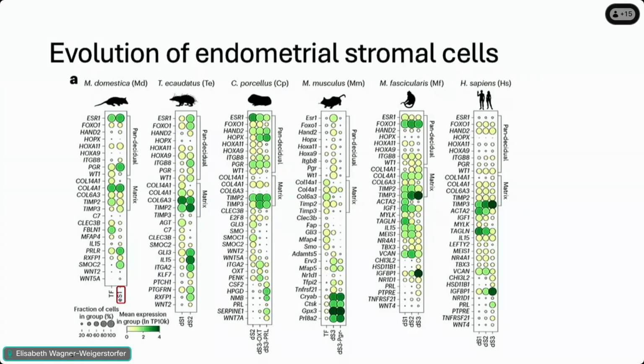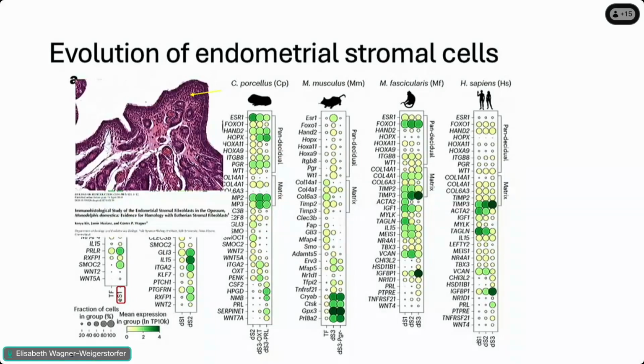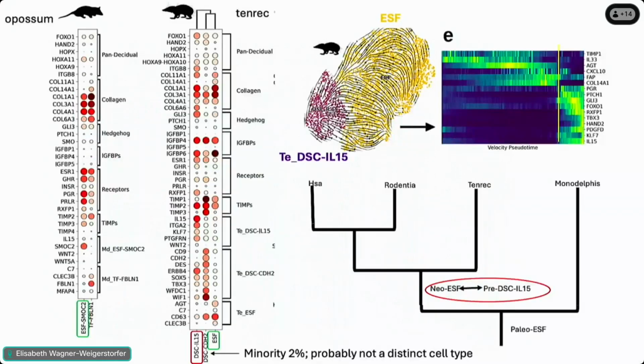This is consistent with what we have shown earlier with immunological methods. There are these cells under the epithelium that are probably homologous to the endometrial stromal fibroblasts of eutherians.